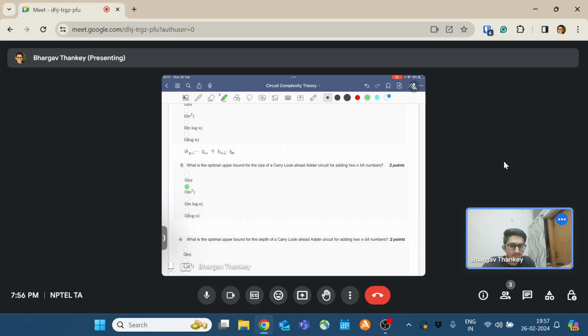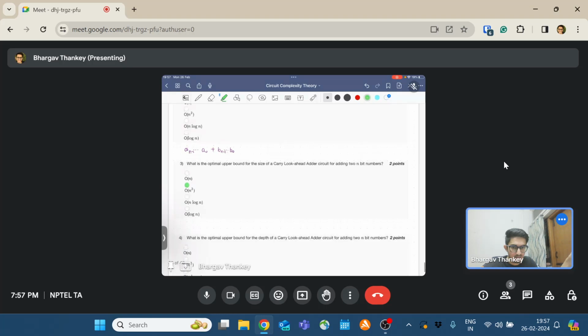So for C0 you need order 1, C1 you need 2 times order 1, C3 you would need 3 times order 1, and so on, up to n times order 1. So that's order 1 times 1 plus 2 plus 3 up to n, which is order n square, right?